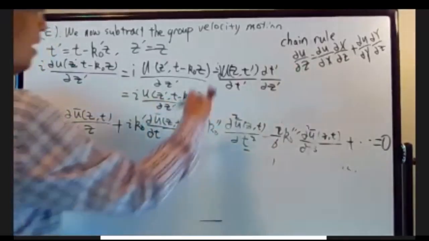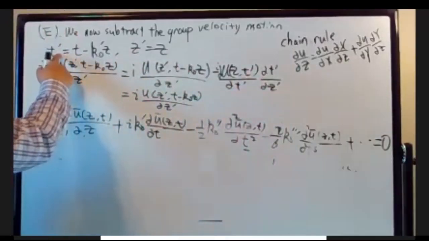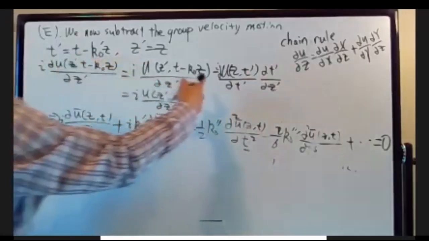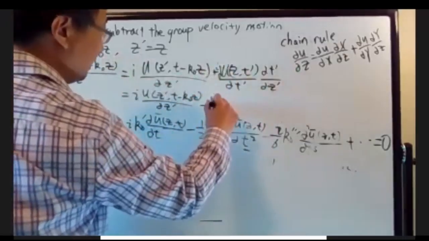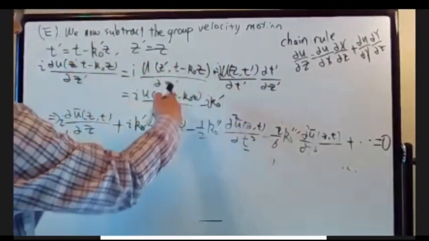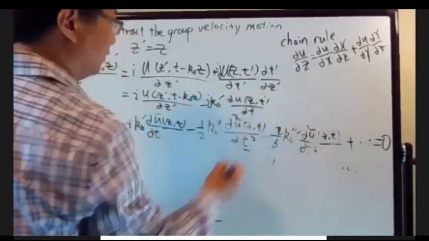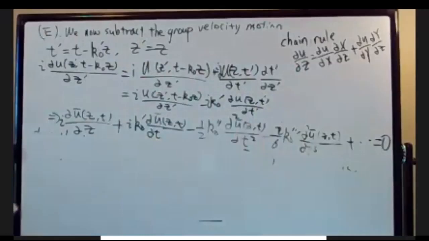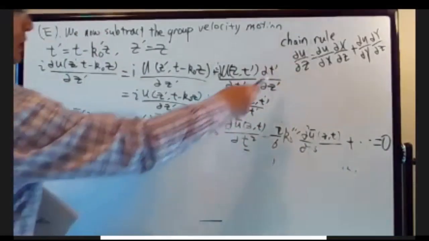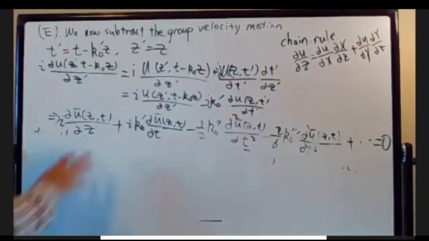It's the same thing, but here, when we take a partial derivative of t prime over z, it's negative k. So this is minus k naught prime times the partial u, partial t prime. This piece gives us the negative k naught.